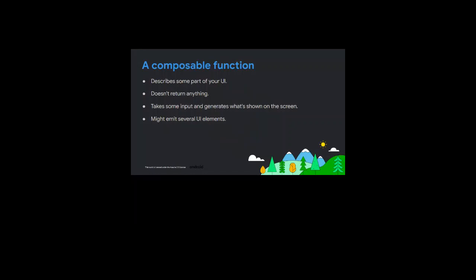Now we learn about a composable function. A composable function is introduced by Jetpack Compose, so you don't have to use these types of functions if you don't use Jetpack Compose. But these functions are generally used to show some type of UI components. But these functions are not used for logic.